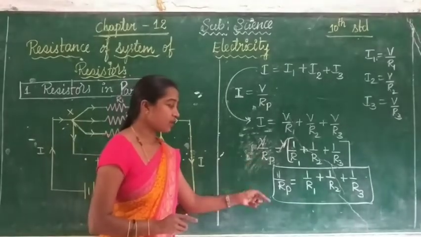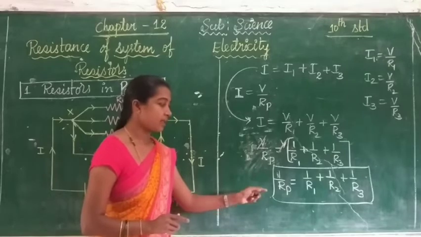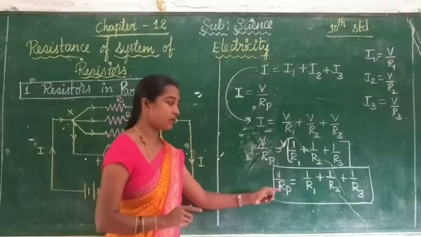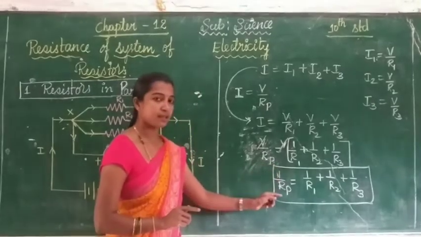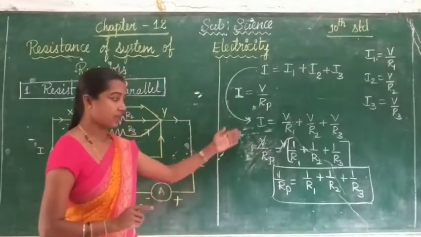The reciprocal of the equivalent resistance in parallel is equal to the sum of the reciprocals of the resistances. Okay children, all of you take this.